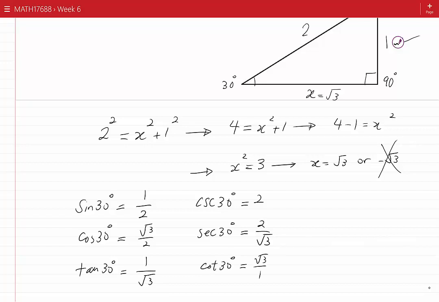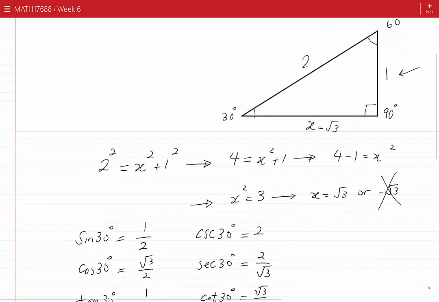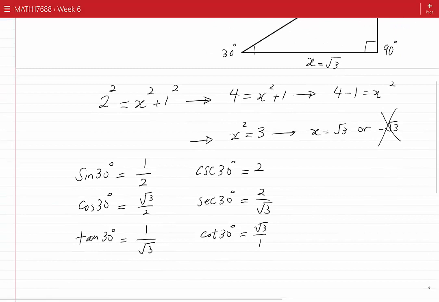As you can see, if we somehow remember the triangle itself, we can always quickly calculate the trigonometric ratios for 30 degrees and, as I'm going to show, 60 degrees without having to memorize these ratios. An advantage of this approach is that we can calculate the ratios exactly without any approximation.